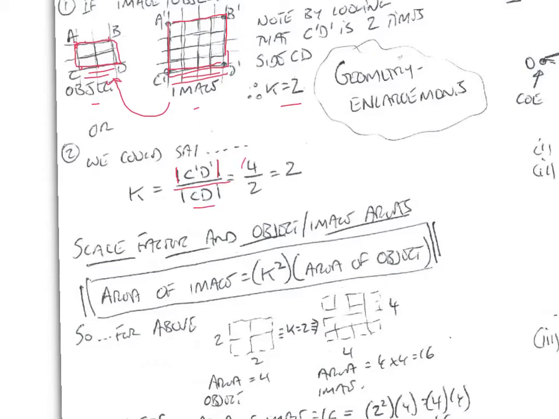So that would be 4 over 2, that's equal to 2. Sometimes we have to use the formula because we could have a grid and our image or object might not actually have points on the image hitting the grid where we want them to, like this point here. So it's better to have the formula to fall back on.